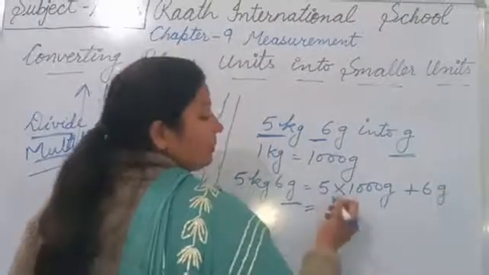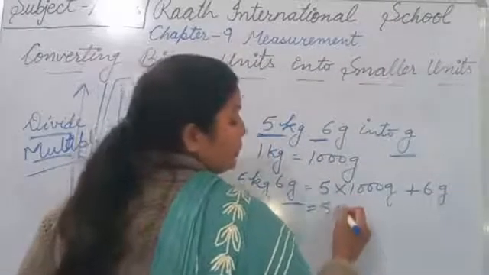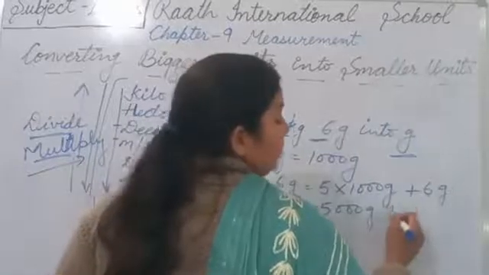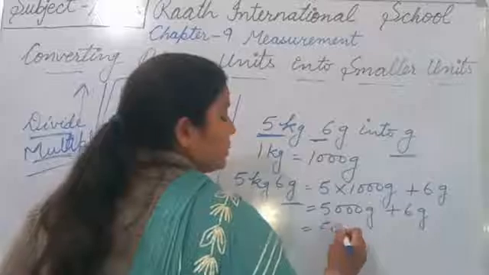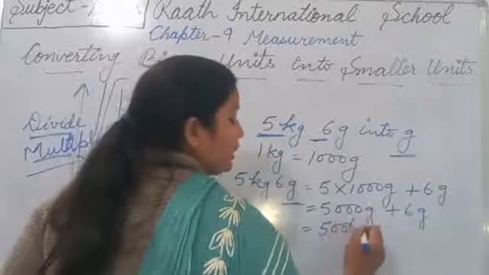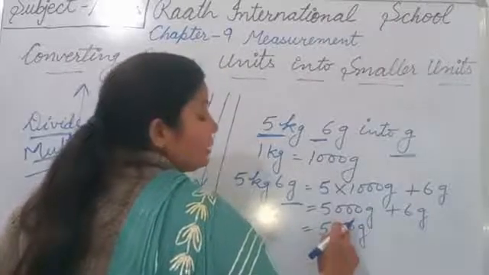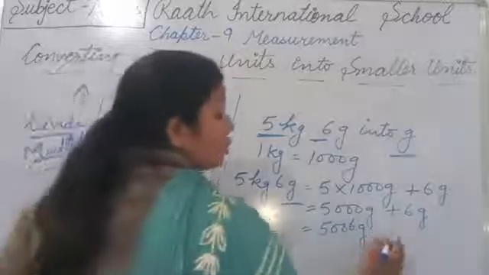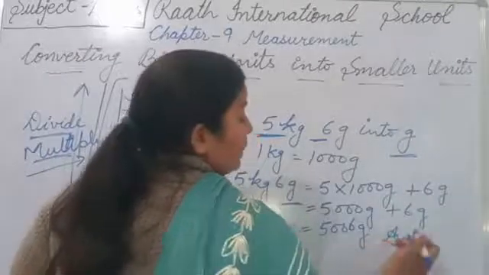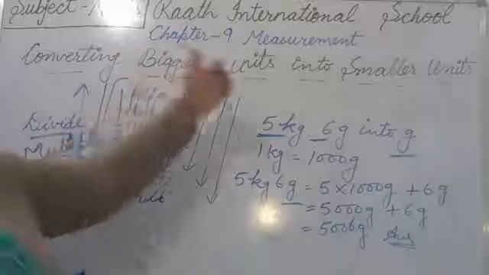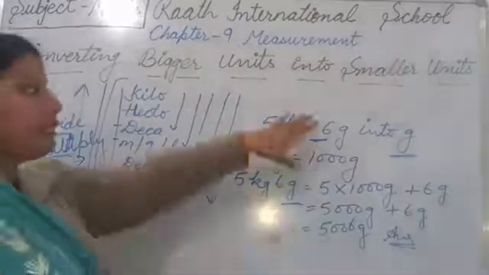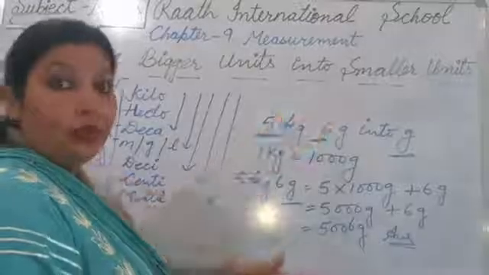Now 5 multiplied by 1000 is 5000 gram plus 6 gram, so it becomes 5006 gram. That's your answer. Okay, so like this we have to convert. It is simple: to convert what is not converted, you multiply, and what is already converted, we have to add.